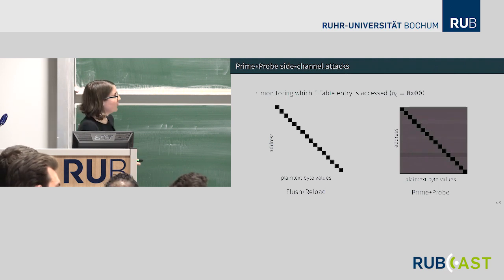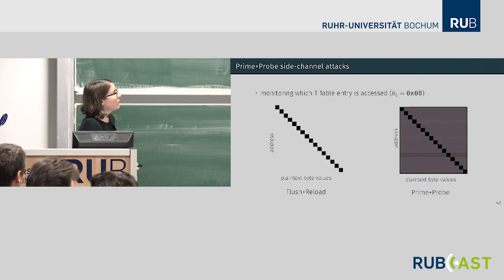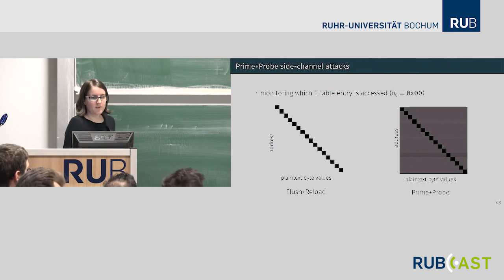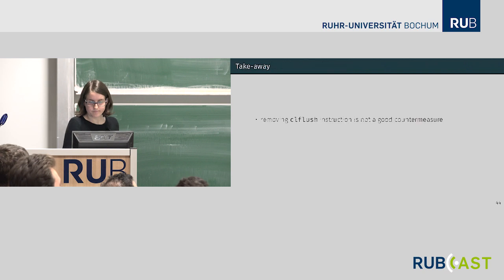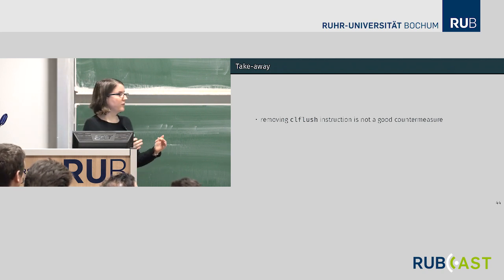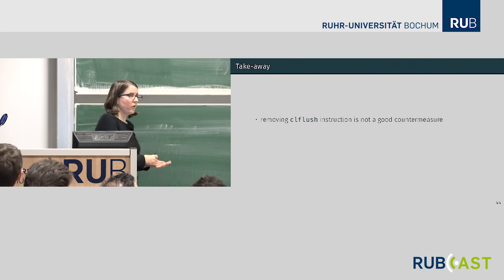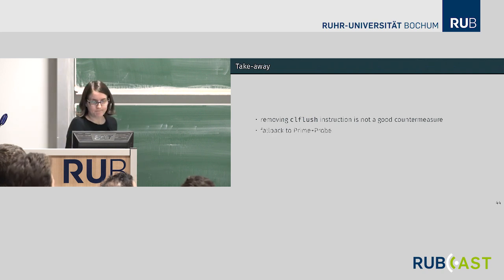It's actually quite powerful. So even if we are in conditions like prime and probe where it's not exactly ideal, we have a lot of noise, but we can still have covert communication and perform powerful side channel attacks. So the takeaway on the cache attacks is that basically, even if you remove the CLFLUSH instruction, then you can do this flush and reload, which had no noise and which was nice. You can still perform prime and probe, so it's really not a good countermeasure.